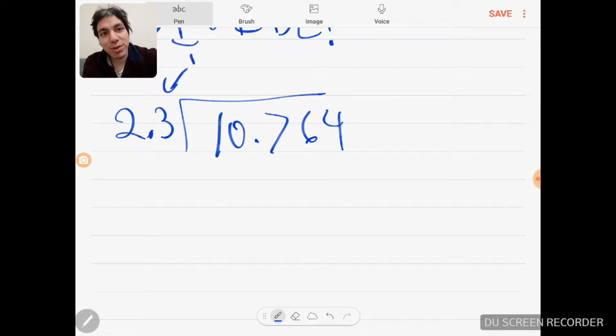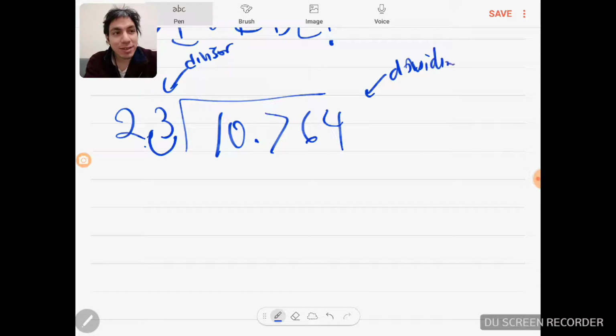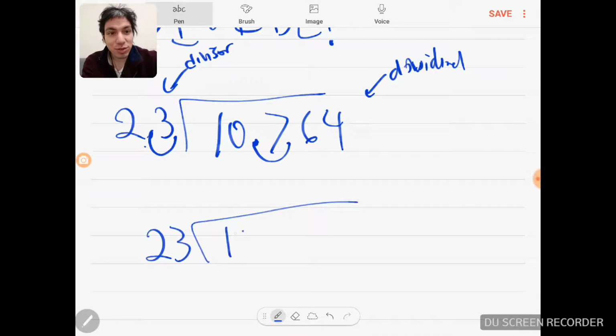So this is my divisor. Move this to the right until it becomes a whole number. So all I had to do is move this over by 1. The second step says I have to do that as well in the dividend. Again, this is the dividend. So I move the same number of times as I did with the divisor in step 1. So that's also moved over by 1.